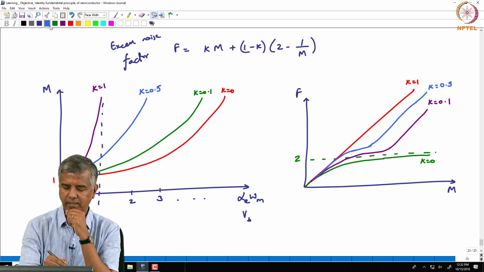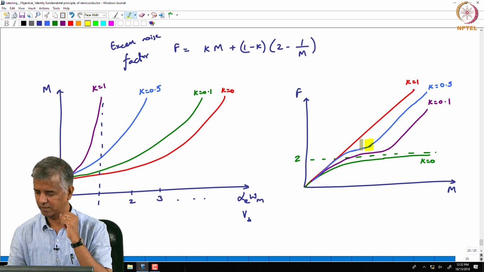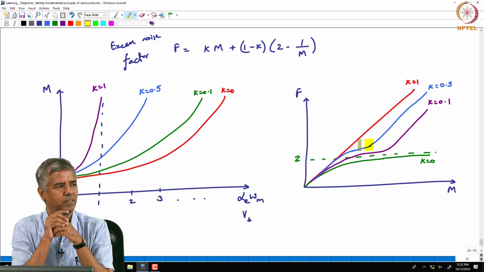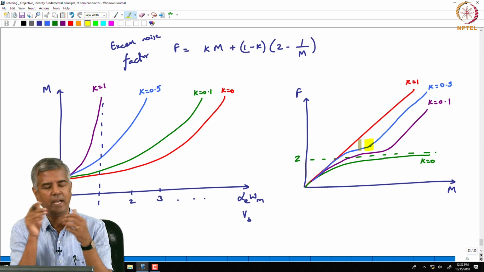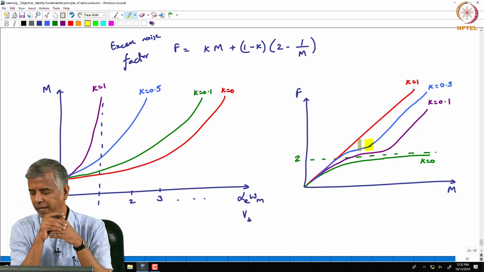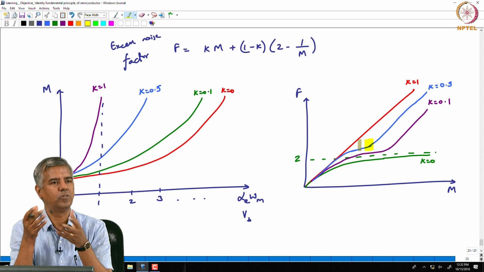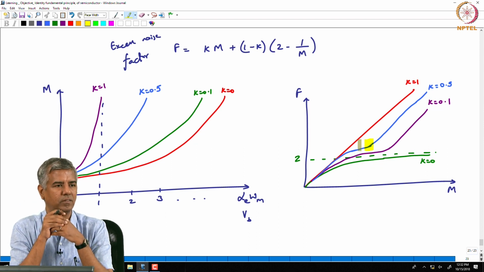I would want to operate somewhere over here, the knee point, because until that point I have not accumulated a whole lot of noise, I have fairly good gain, but beyond that point if I am trying to achieve more gain, I am also accumulating noise, right.